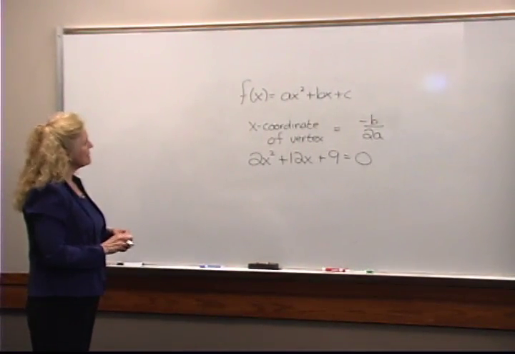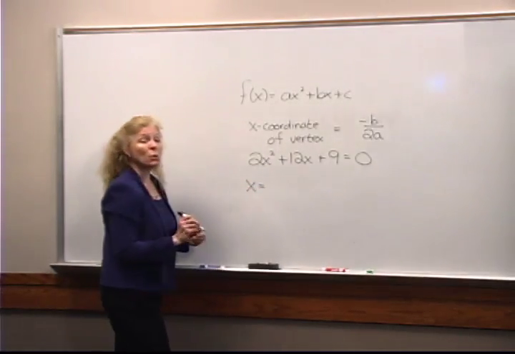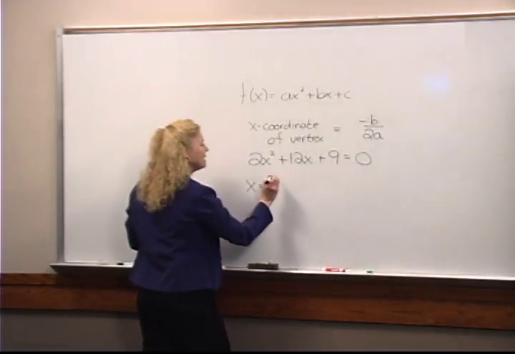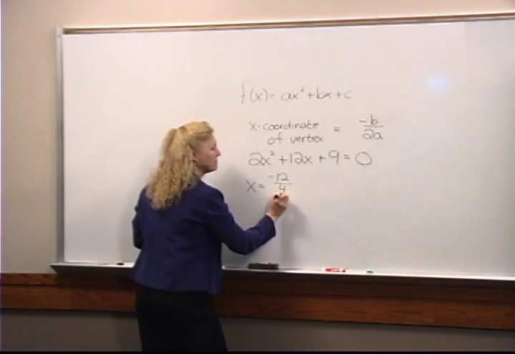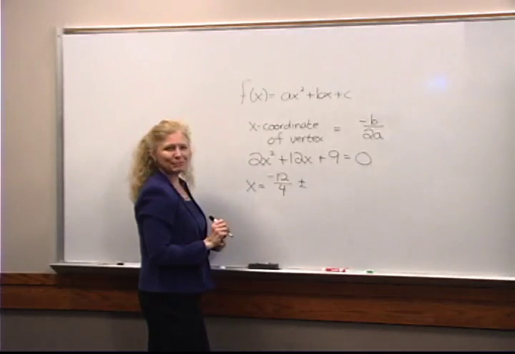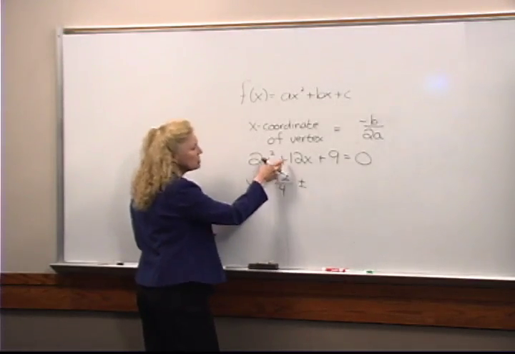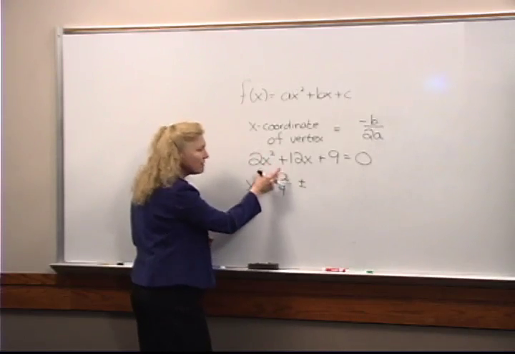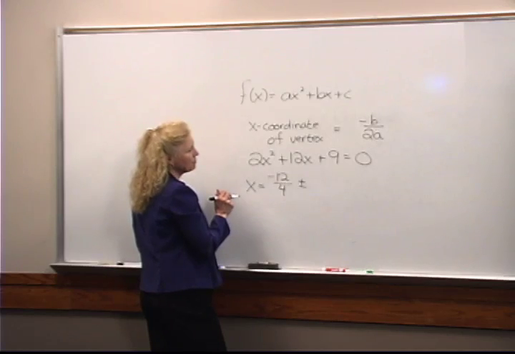I don't think this guy's going to factor. So we'll go to our quadratic formula. Negative b over 2 times a. That's my negative 3, right? Remember, the very first fraction in the quadratic formula will always give you that x-coordinate of your vertex.